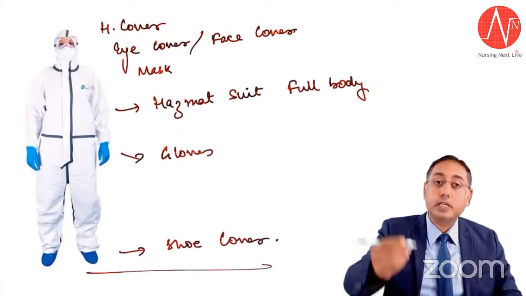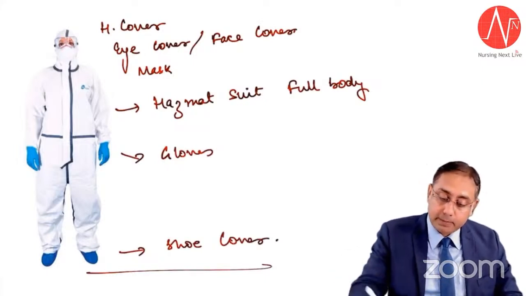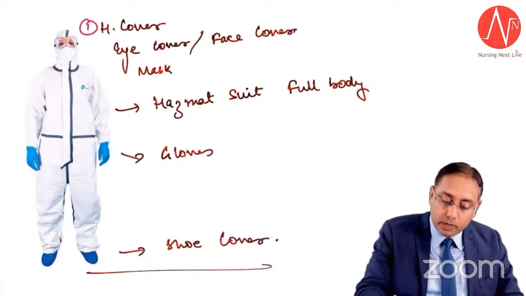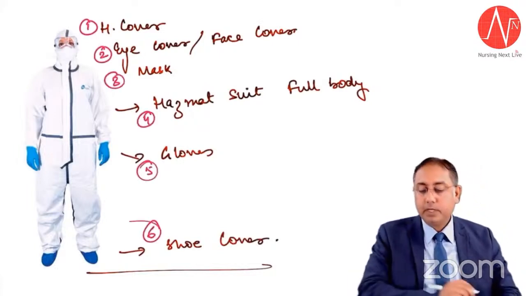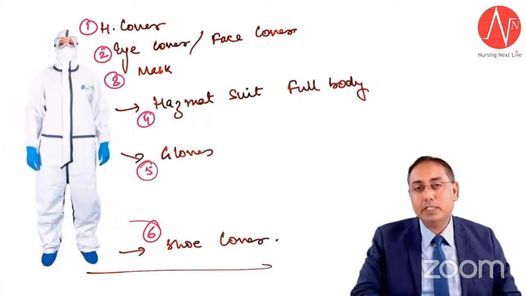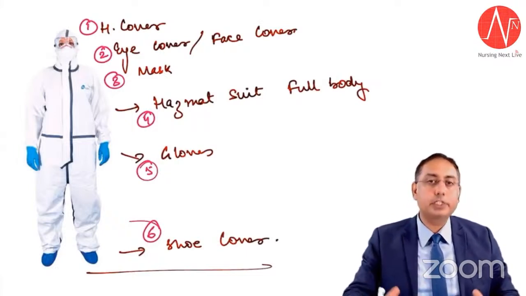So these are the elements. How many elements can you see? I can see 6 elements over here. Yes, 6: 1, 2, 3, 4, 5 and 6. So these are the 6 basic elements which you need in airborne precautions.